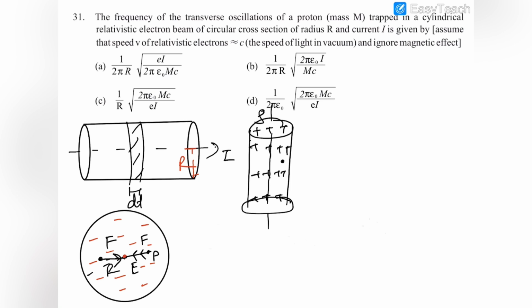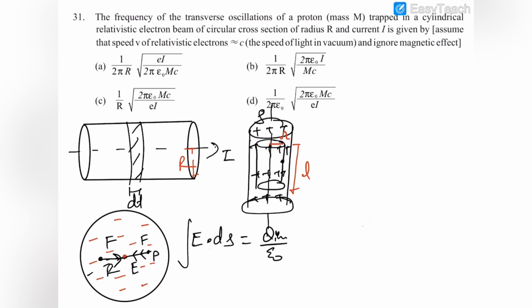At this point, you can see that if we draw a Gaussian surface like that, this surface has a radius r, and let's suppose the length is L. So Gauss law says that the integration of E dot ds will be equal to q inside by epsilon naught.